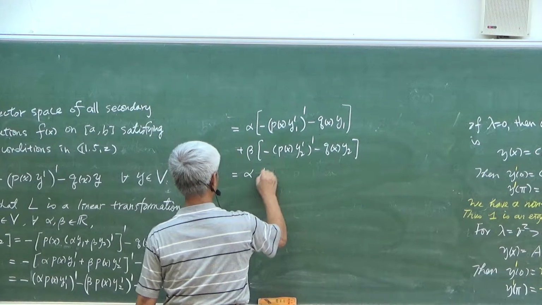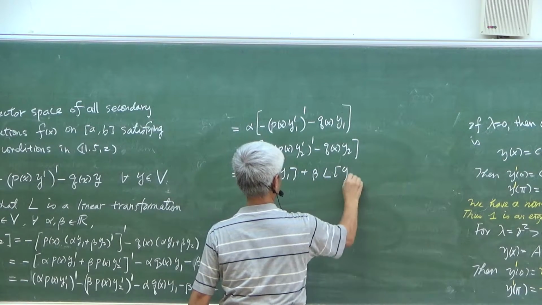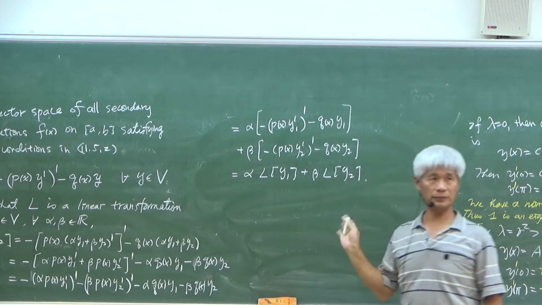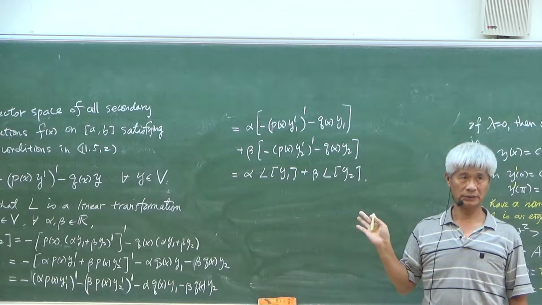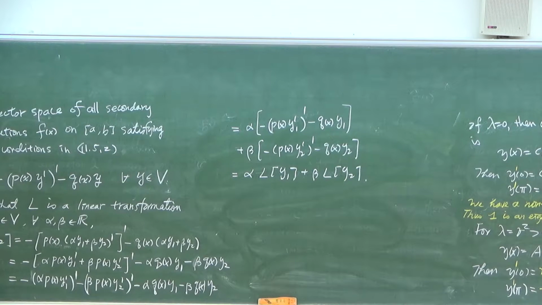So this is alpha L y1 plus beta L y2. So we prove the linearity of the operator L. So it's a linear transformation.